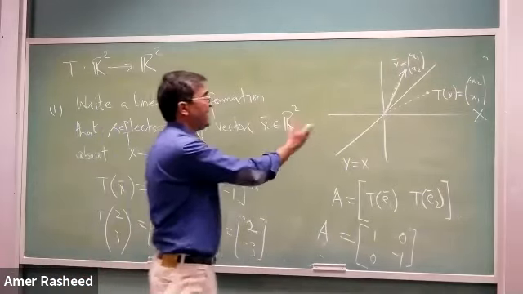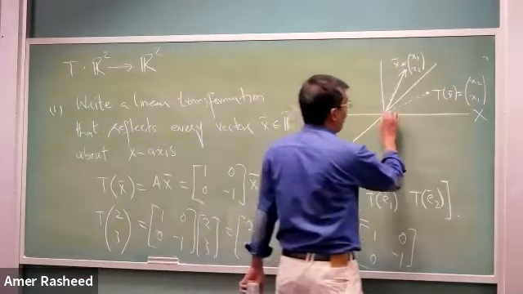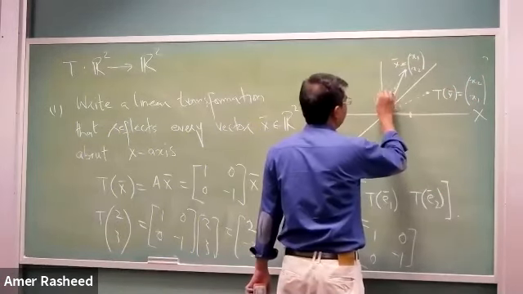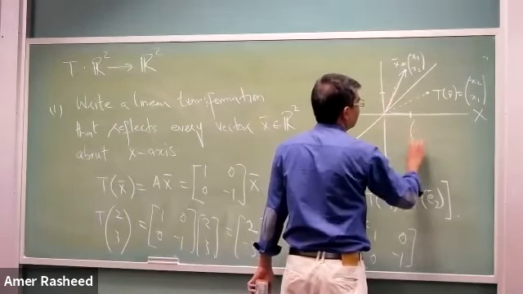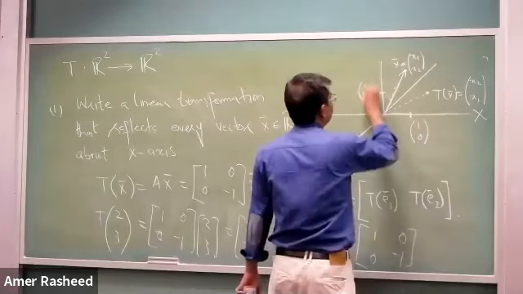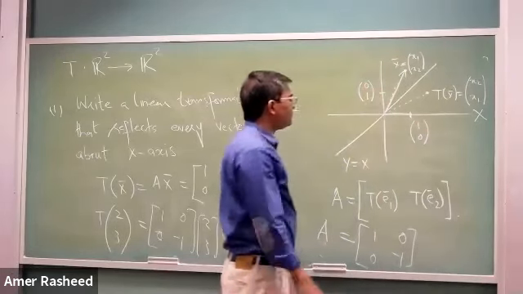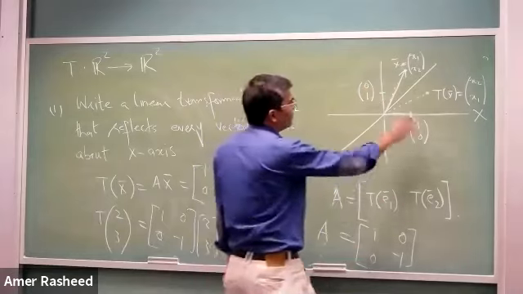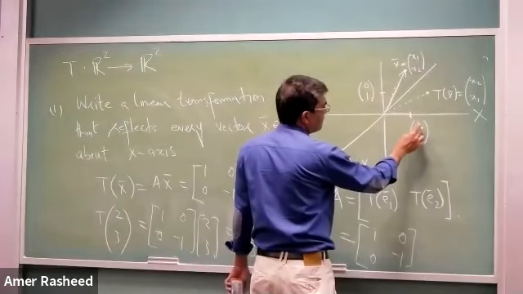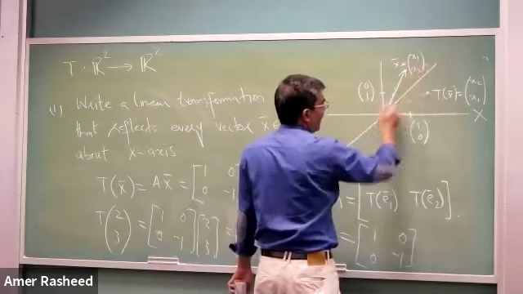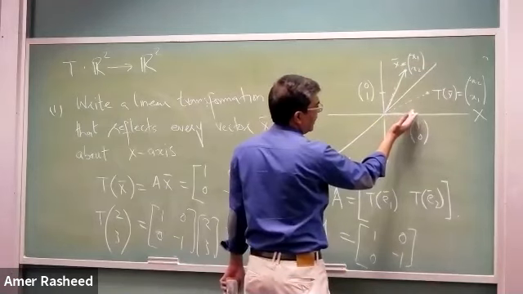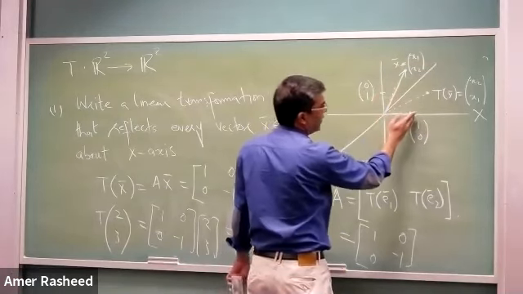What will be the standard matrix in this case? Now look at the unit vectors. This is your unit vector, this is your unit vector. This is 1, 0, and this one is 0, 1. Now, if you reflect these points about this line, this will go here and this will come here.